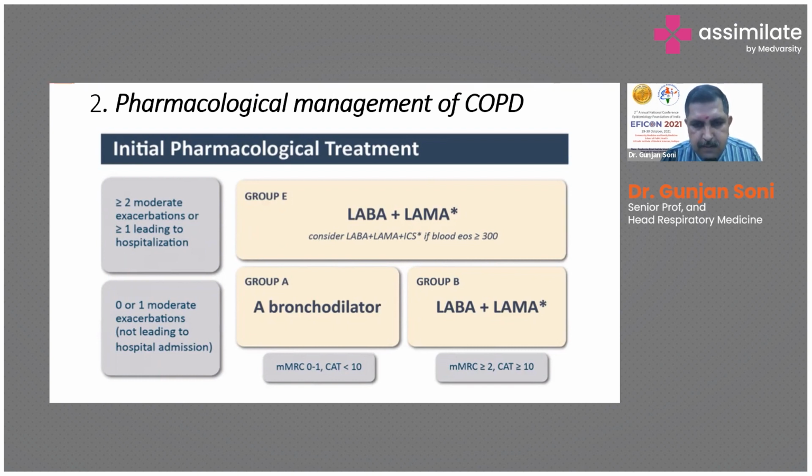A long-acting beta-2 agonist and a long-acting muscarinic agent is required for the treatment of group E patient.